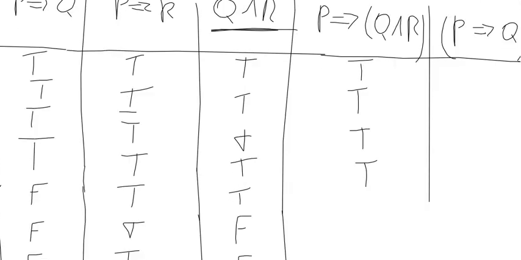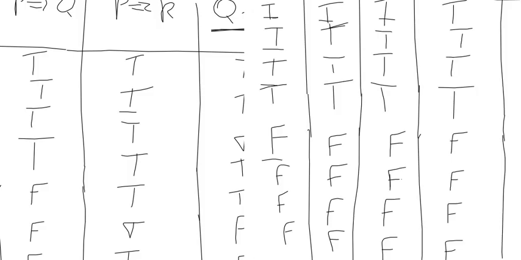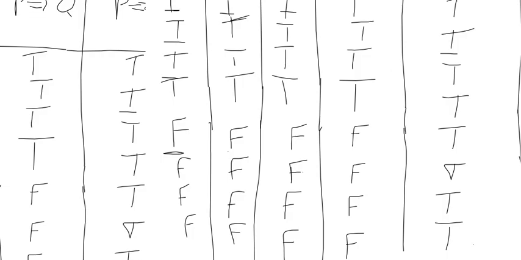Now, when we start with the false, if statement P is false, and then Q and R, if that happens to be true, false implies true has to be true.